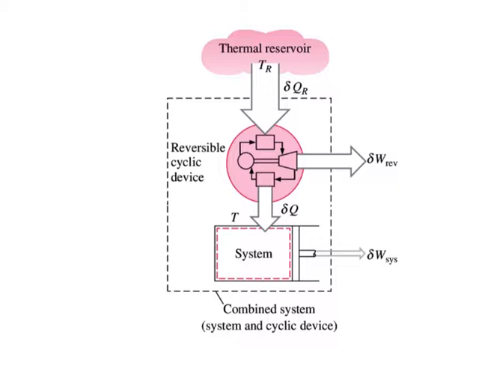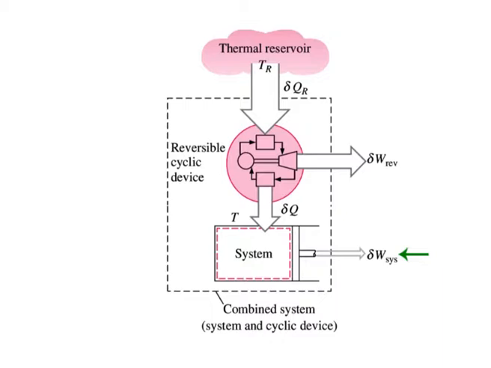The cyclic device receives heat delta Q_R from the reservoir and supplies heat delta Q to the system whose temperature at that part of the boundary is T, that is a variable, while producing work delta W reversible. The system produces work delta W system as the result of this heat transfer.